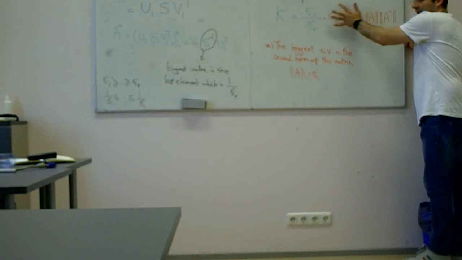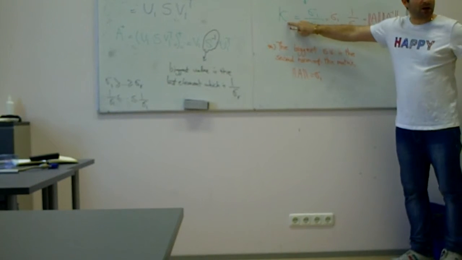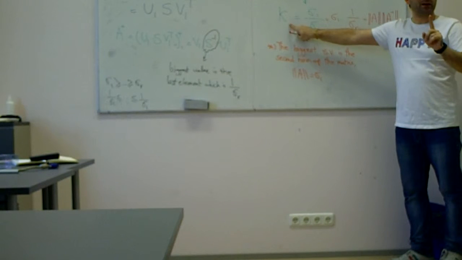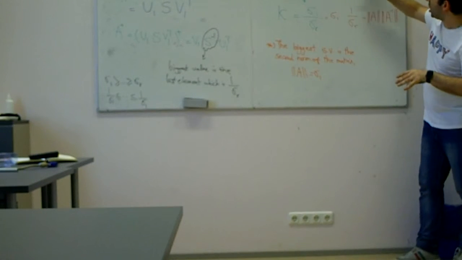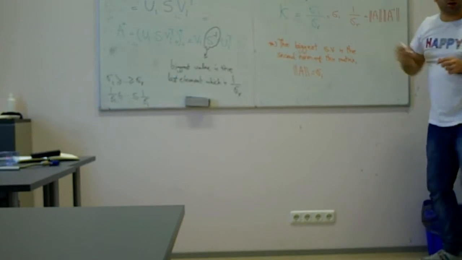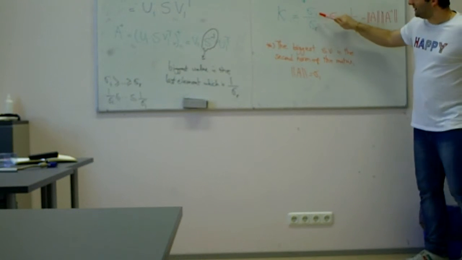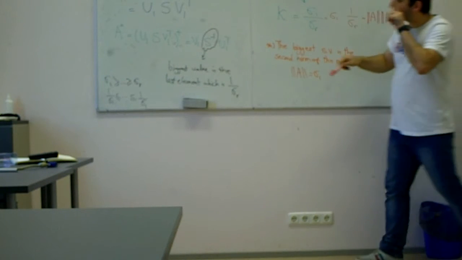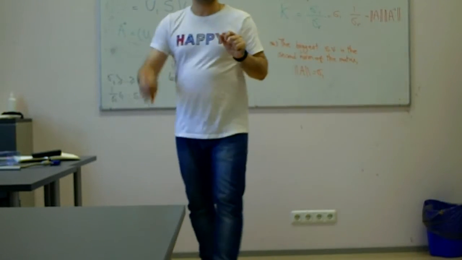This part is only for your information. In order to calculate kappa, kappa is very important when we do a numerical example, and you see why I'm talking about this condition number. What do we mean by condition? In order to calculate it, you do not necessarily need to use your computer to calculate the singular value decomposition.